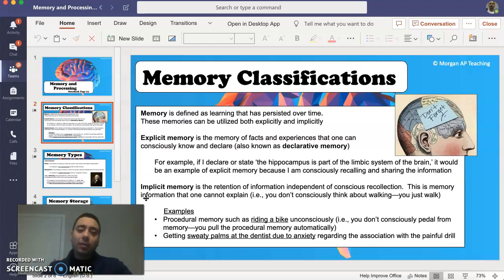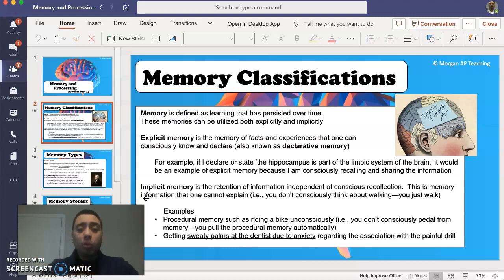Now, implicit memories, on the other hand, are more associated with information that's retained. It's more associated with information that is a process. So this information pertains to things like jogging, walking, driving, things of that nature. So procedural memory is like riding a bike or driving a car, right?